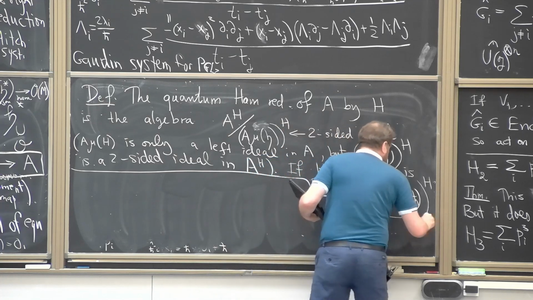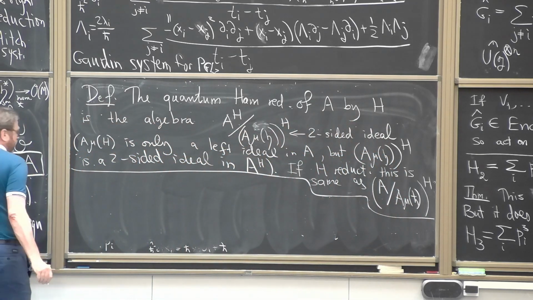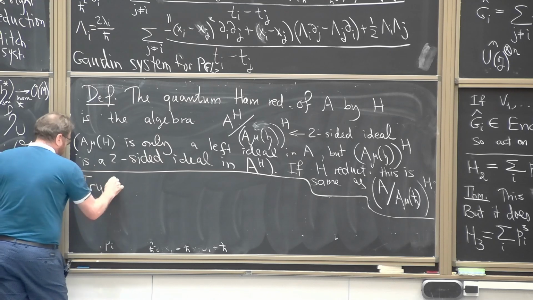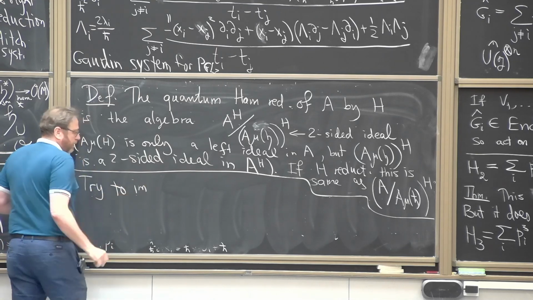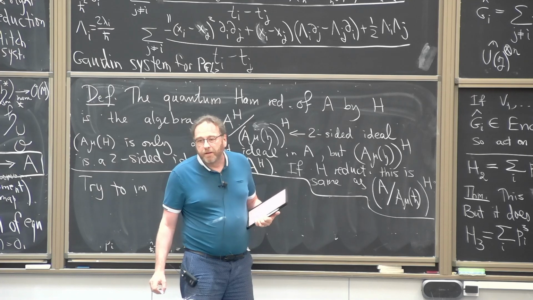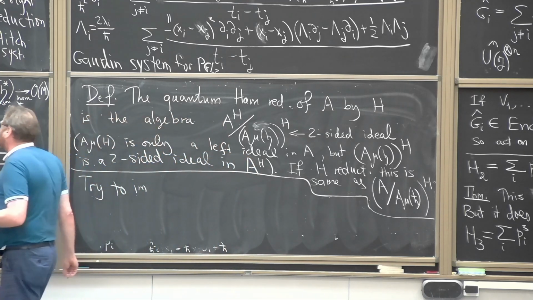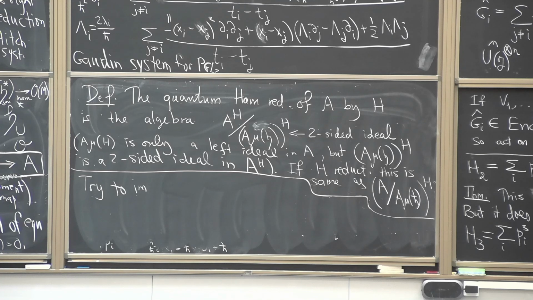Anyway, this is the kind of general setting of quantum reduction, and now we try to implement this. Oh, I'm sorry. I forgot about the orbit. So this is in the case when O is 0.